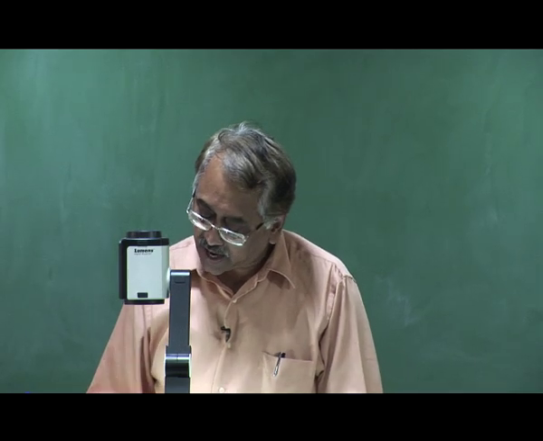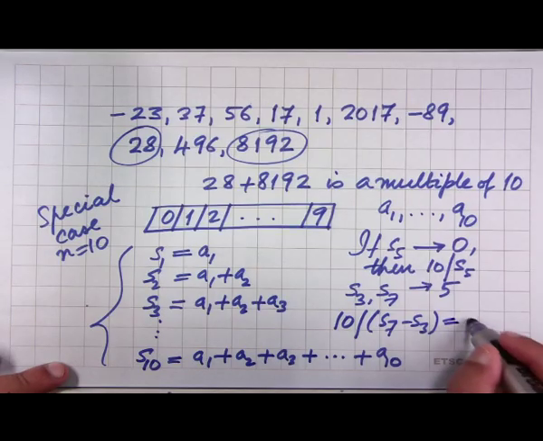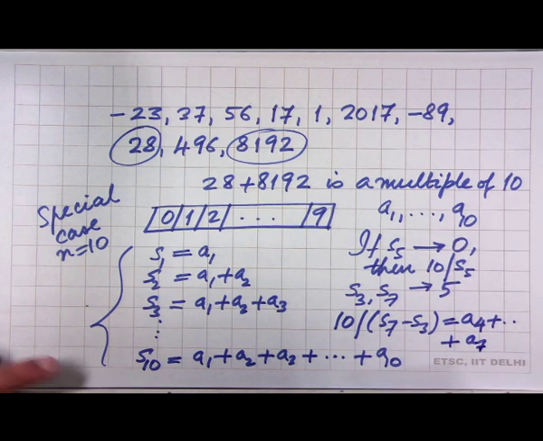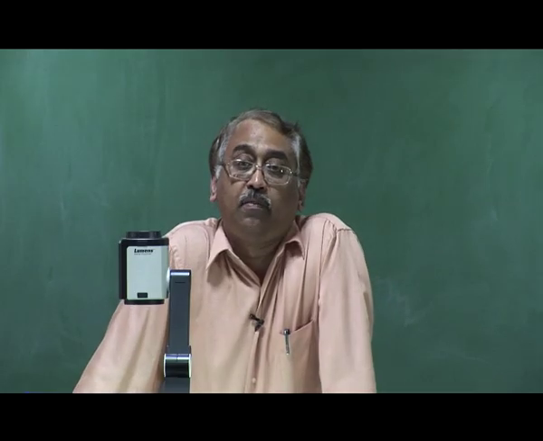Now, what is S3 minus S7? S3 minus S7 is actually, by definition, A4, and I don't have space here, so I'm going to put a little dot, till A7. Because S7 is the first 7 numbers, S3 is the first 3 numbers, the difference would be the last 4. And you've proven that 10 divides this. It divides that collection of 4 numbers.